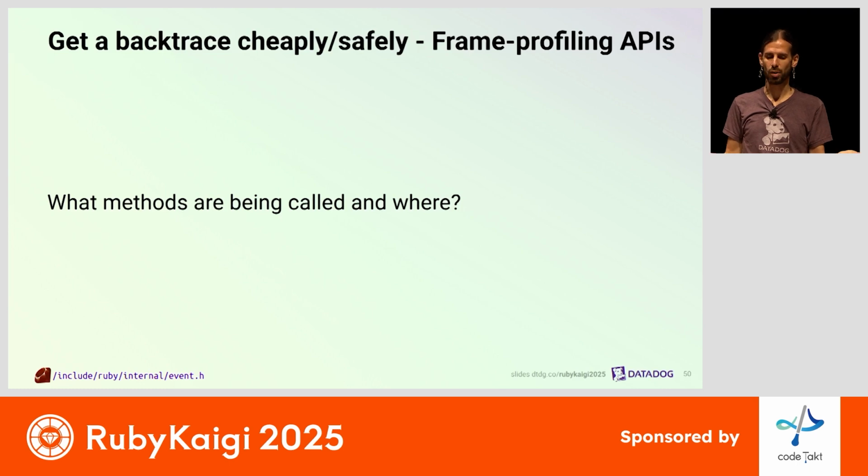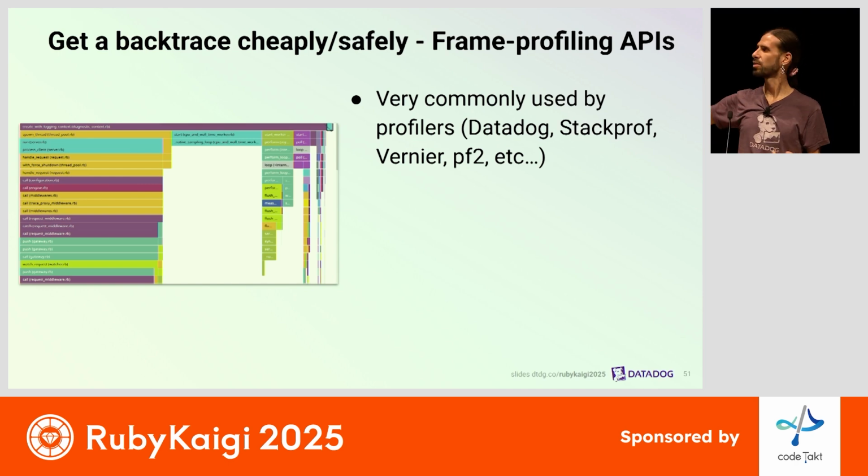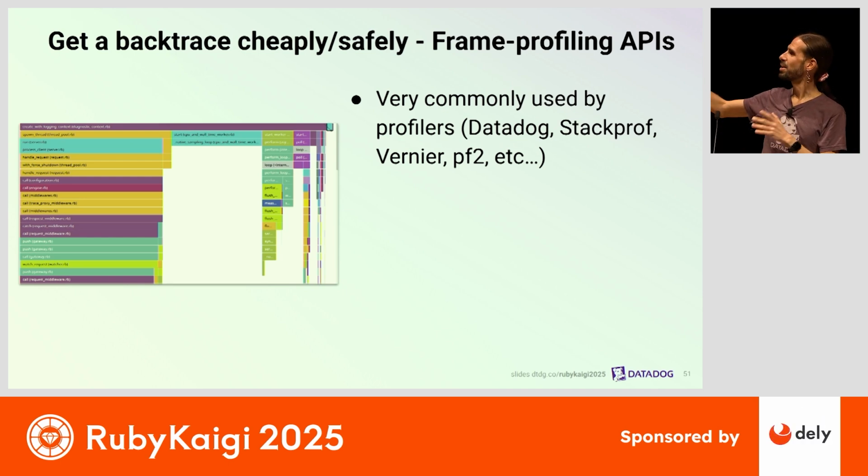So you will not be very surprised when I tell you that this is the source of many pretty profilers that use this to build beautiful flame graphs of what's going on in your application. An exception, I would say, if you were here for the SDB profiler session yesterday, is that SDB does not use these APIs, which is the big key point of SDB. But a lot of the other Ruby profilers use these APIs.